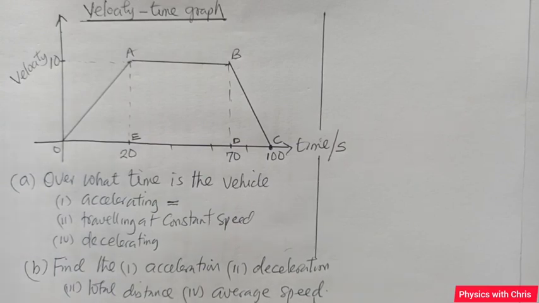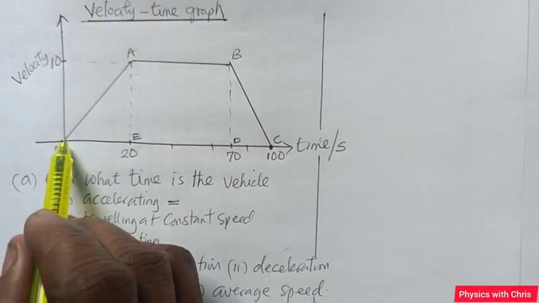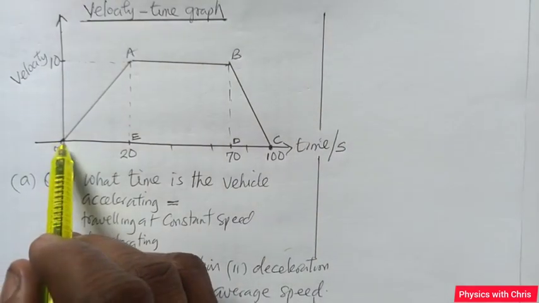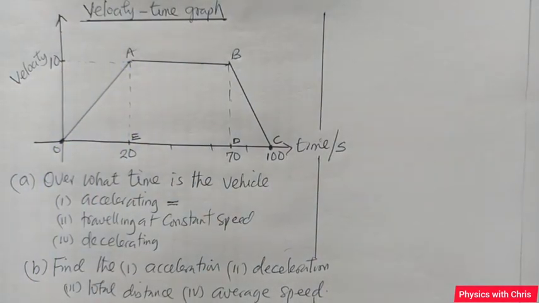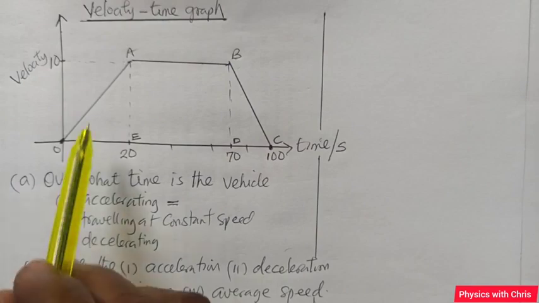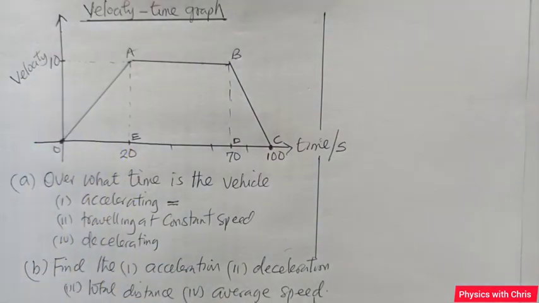Now we need to understand this velocity-time graph very well. Starting from point O, the body starts from rest. From point O to point A, you can see here that the vehicle accelerates uniformly, because a straight-line velocity-time graph represents acceleration.